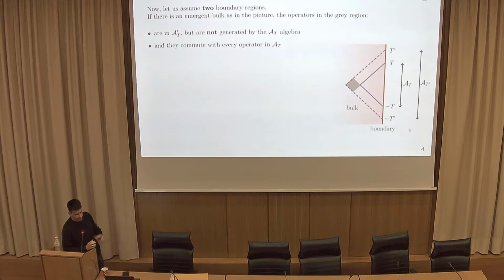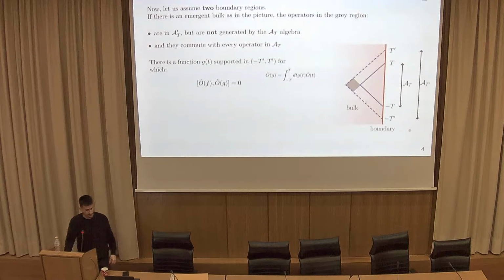And we notice that there is a small gray box for which there are some operators, some bad operators, that could be generated from an algebra in the larger region. They cannot be generated from the algebra on the smaller region of the boundary, and also they commute with all the operators that are generated from the small algebra from minus t to t.